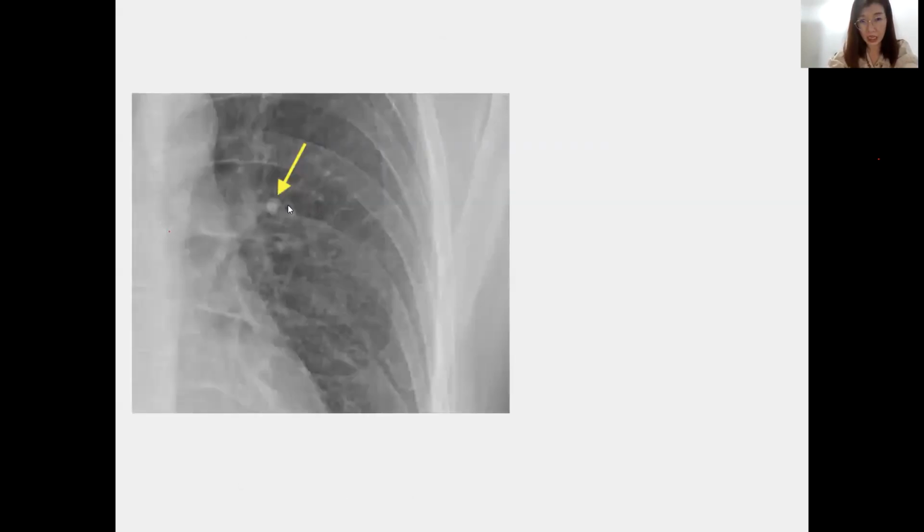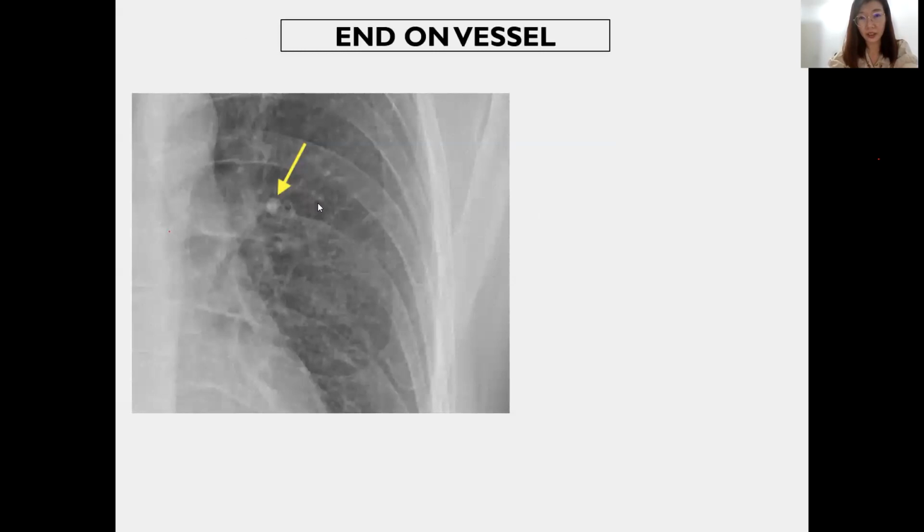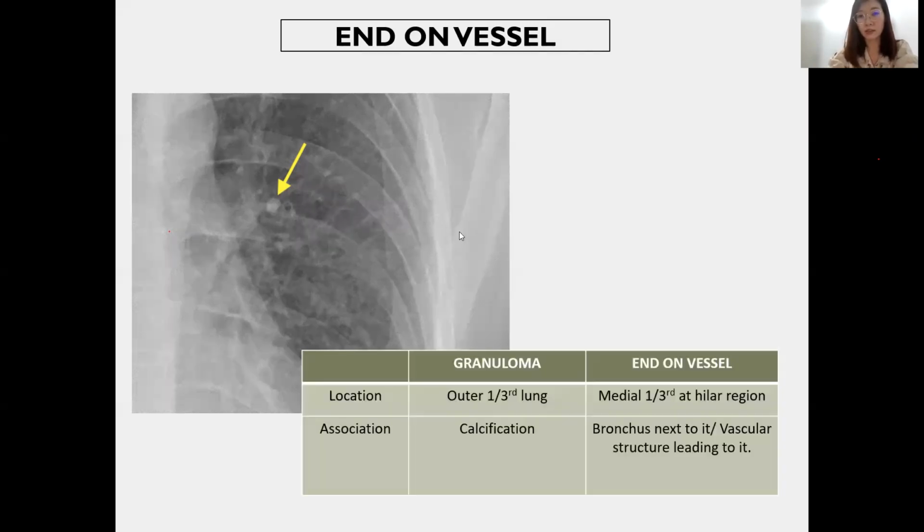Okay, next is the end-on vessel. Sometimes we might mistake this for a lung nodule, but if there is an accompanying bronchiole here, it's easier for us to diagnose this as just an end-on vessel that we are shooting on end view and mistaking as a lung nodule, but actually it's a vessel. If this kind of nodule occurs at the more peripheral region of the lung field, then you need to label it as a lung nodule rather than an end-on vessel.